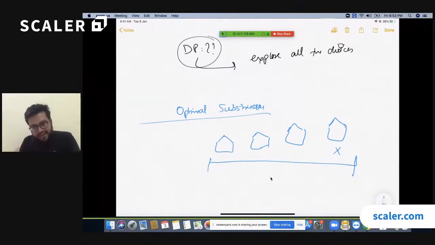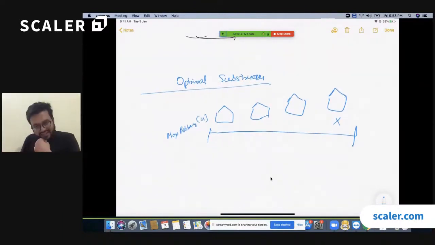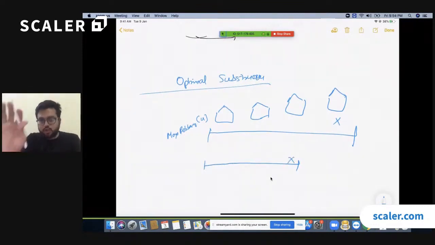Let's call it the maximum robbery for the first 4 houses. Somebody also told you the answer to another question: I am robbing the first 3 houses, and I have definitely robbed the 3rd house. I also know the answer to that. So somebody tells you the maximum robbery for 3, and you already know the answer.